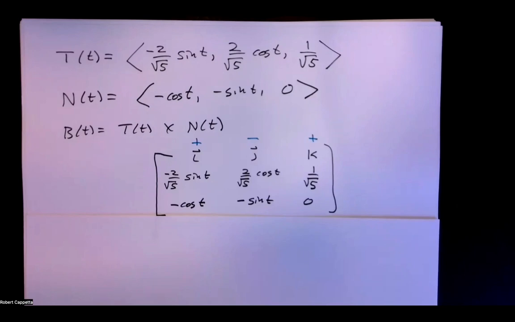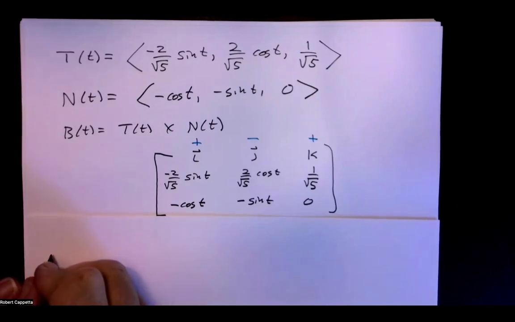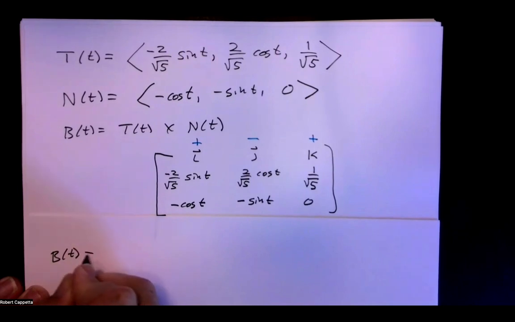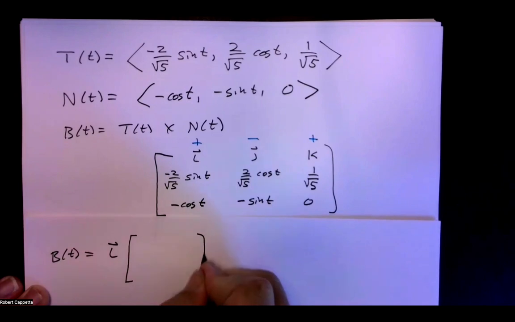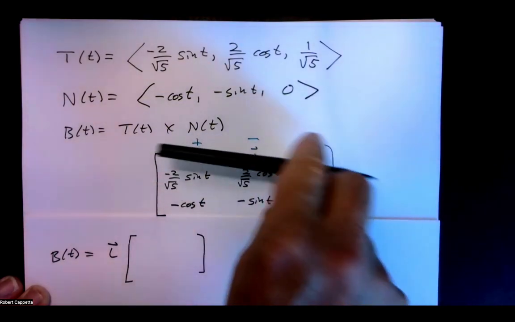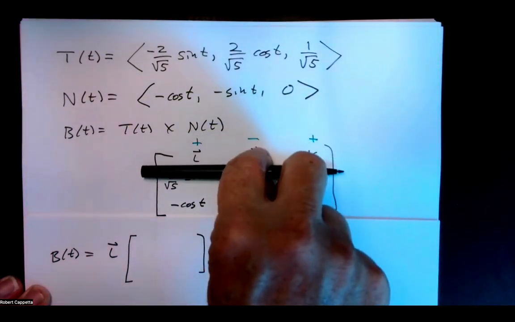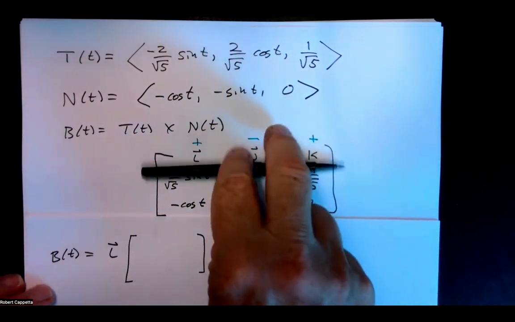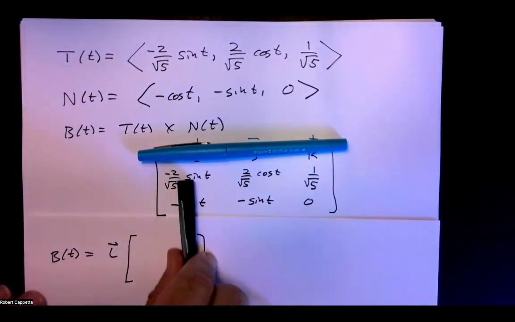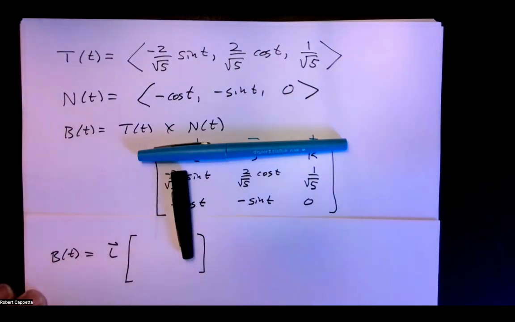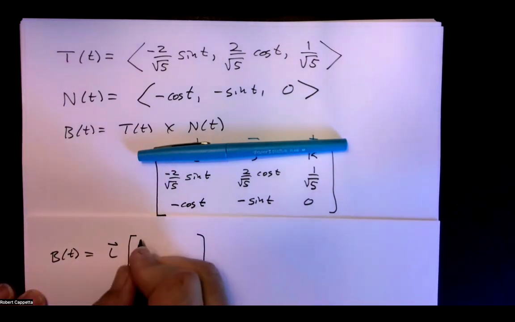Here's our establishment. So then what will B of t be? In the i direction, what's its minor? We cross out the row that i is in and the column that i is in. And we get 2 over root 5 cos t, 1 over root 5, negative sine t, 0.